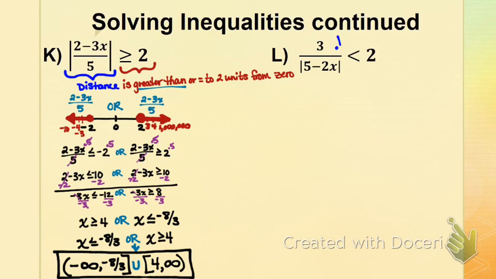So I'm going to multiply by the absolute value of 5 minus 2x. So on the left, that's going to cancel. And I would have 3 is less than 2 times the absolute value of 5 minus 2x.